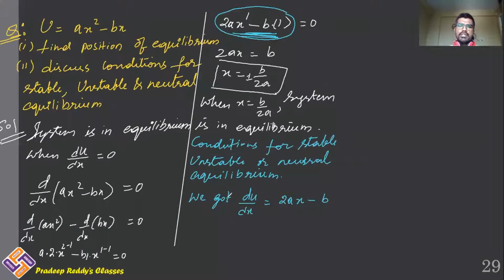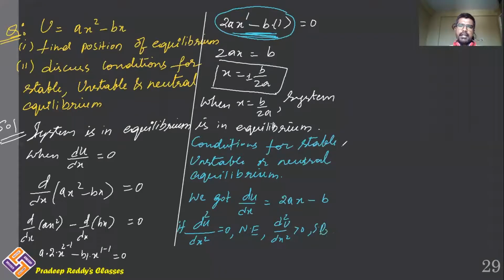Now, in order to check the conditions for stable, unstable or neutral equilibrium, what you need to do? You need to check d square u by dx square. If d square u by dx square is equal to 0, then that is neutral equilibrium. If d square u by dx square is greater than 0, then it is stable equilibrium.